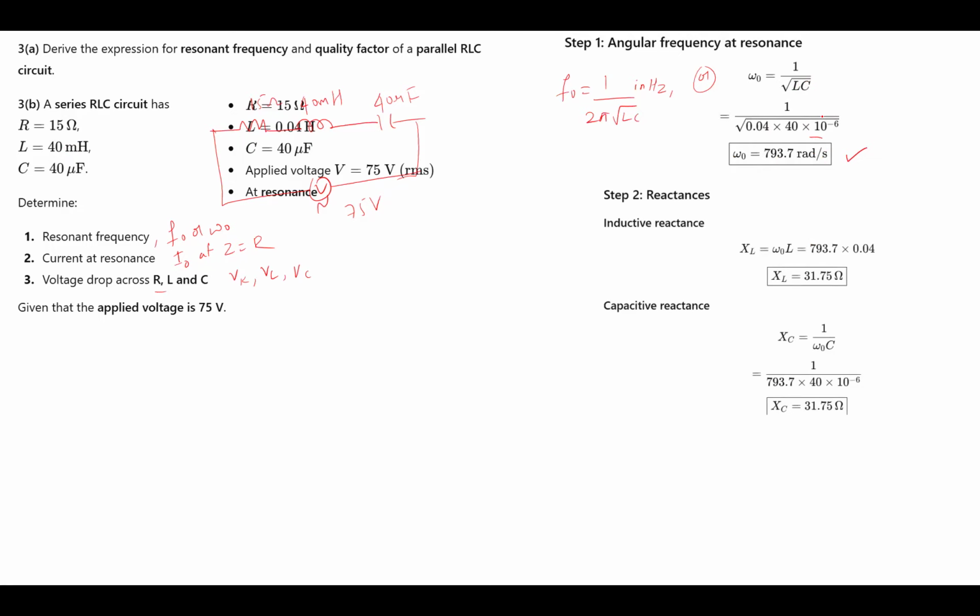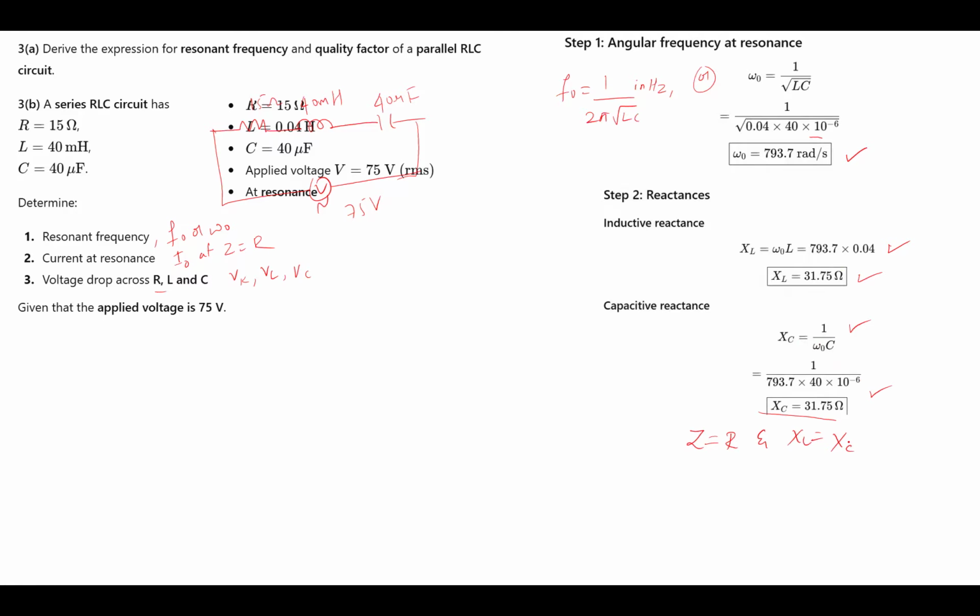Next, you calculate the reactances, proving that at resonance Z equals R and XL equals XC. XL is given by omega naught into L. By substituting that, you'll get XL as 31.75, and XC is 1 divided by omega naught into C. Substituting that, you'll get XC equals 31.75.